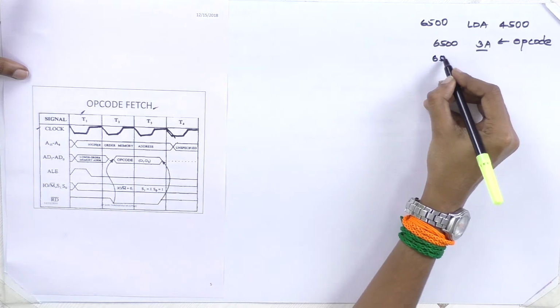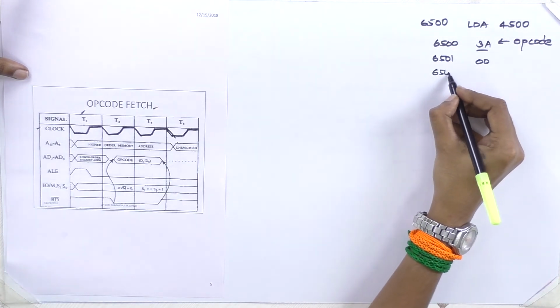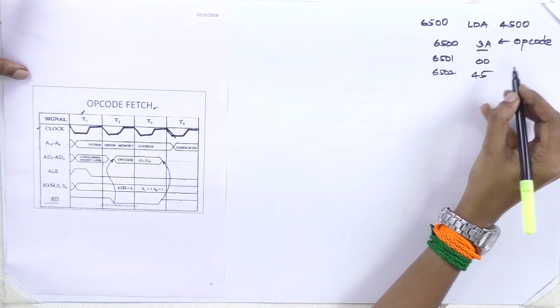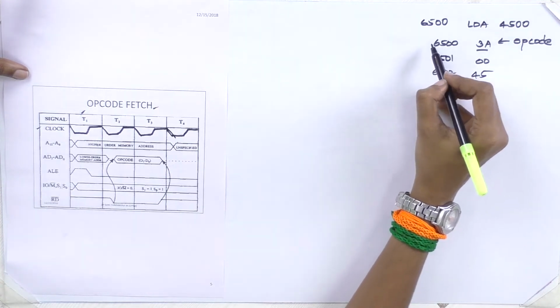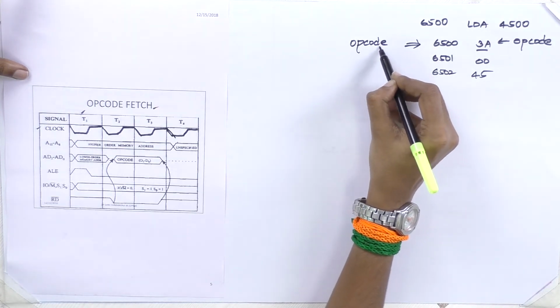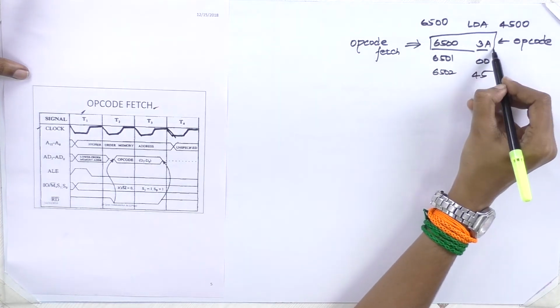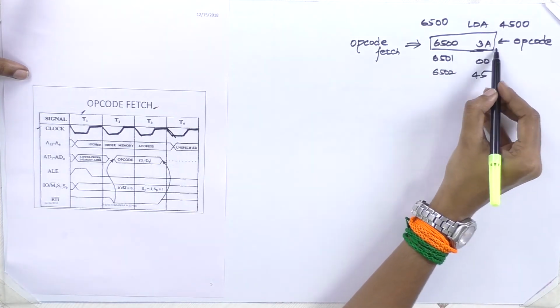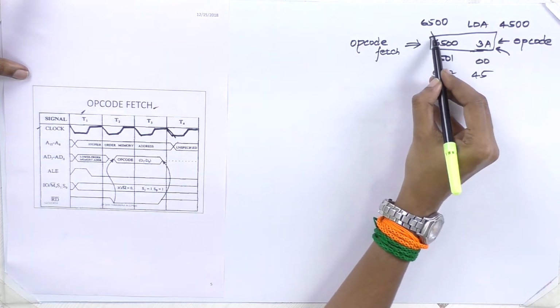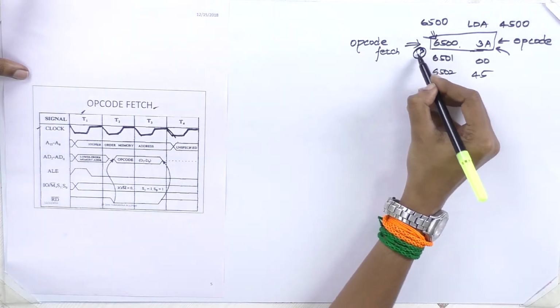At 6501, the lower byte of the address will be stored, and at 6502, the higher byte of the address will be stored. During opcode fetch, it will look into this address. To get this opcode, you should know this address, 6500.